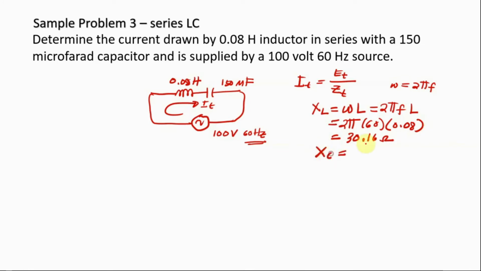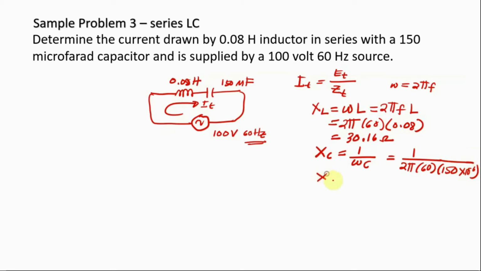For our capacitive reactance, we have this formula 1 over omega C. Again we convert omega to 2 pi f, so that would be 2 pi times 60, multiplied by 150 microfarad, which is 150 times 10 to the negative 6, converting it to farad.